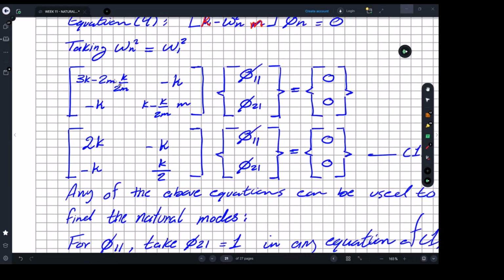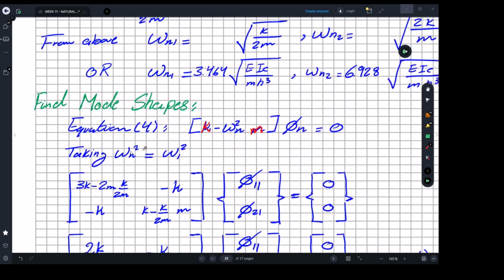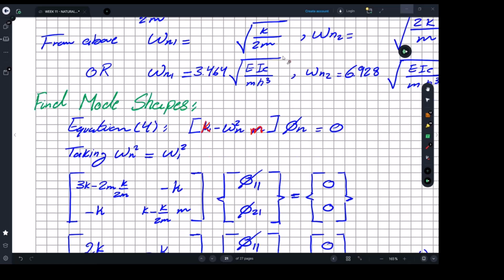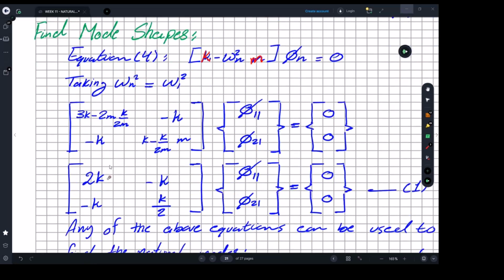So we typically will know omega, and by simplifying the equation, because here we substitute for omega, in this case omega 1, for example, was root of k over 2m, and because it's squared, it's going to be k over 2m, and it can go away here, so things can be simplified to be 2k, because the 3k take away k. I'm just letting you remember or refresh. I know most of you, maybe all of you, haven't yet.